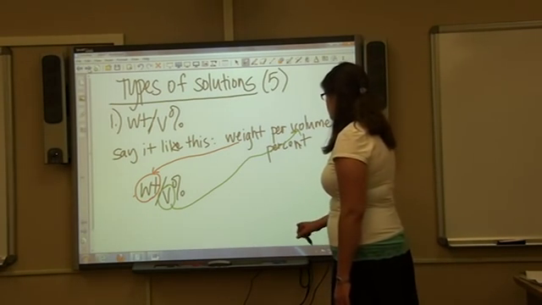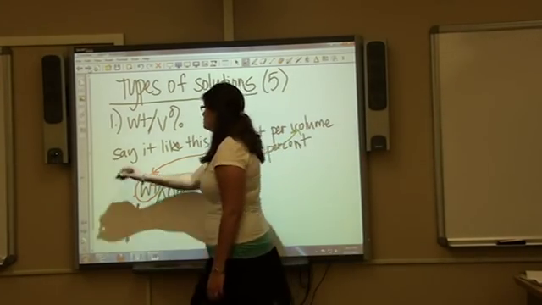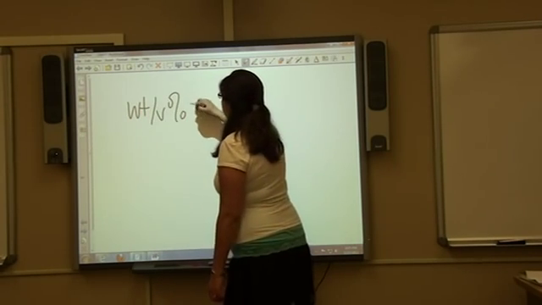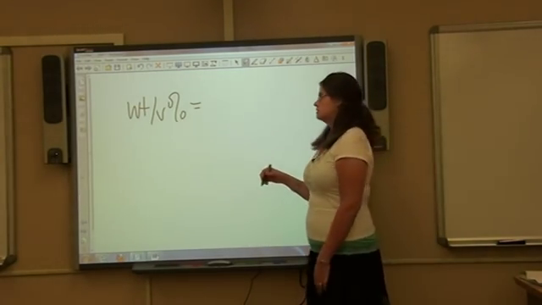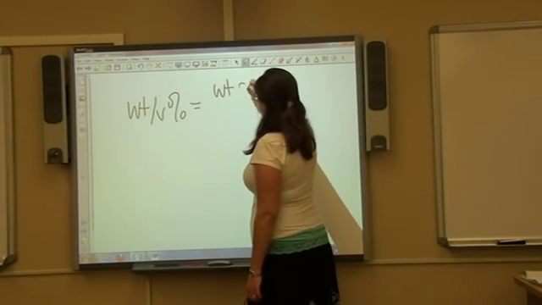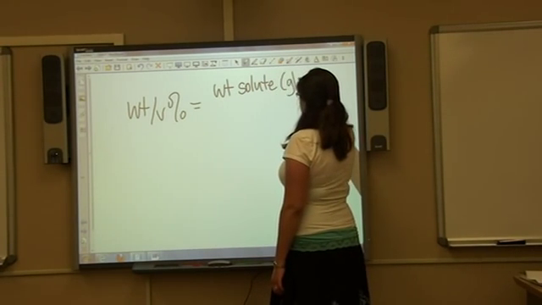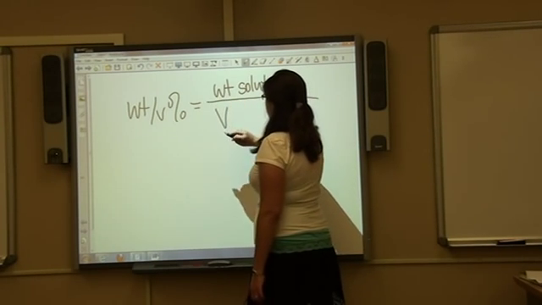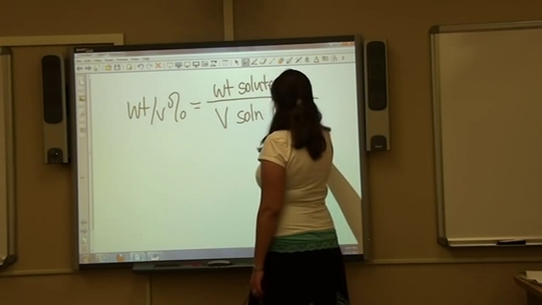Okay, so what does this mean? Well, the way you're going to calculate weight per volume percent, look at your formula sheet. You'll see that it says there weight of your solute, and that should be always in grams, divided by the volume of your solution.